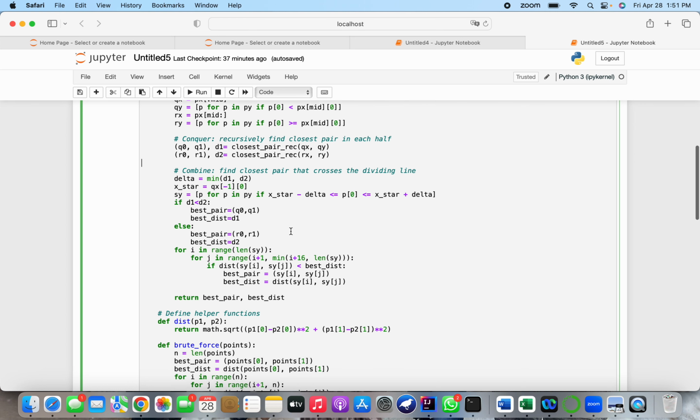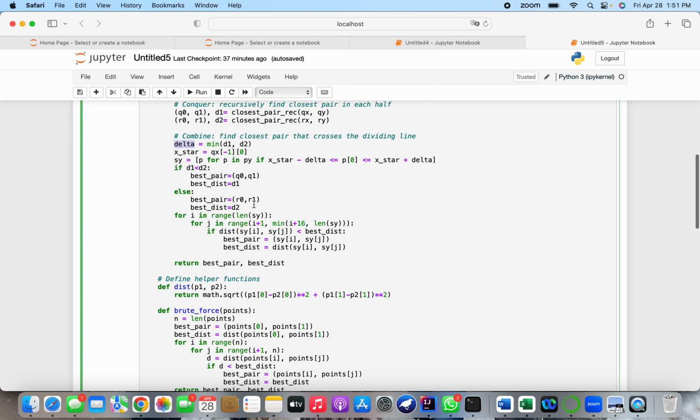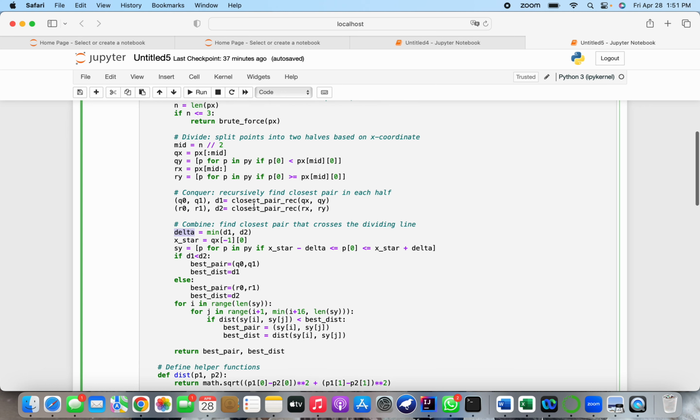So from here we're going to get delta, which is the minimum distance of these two. I have the points and the distance of those two points, same here, and delta will have the smallest distance of these two halves.